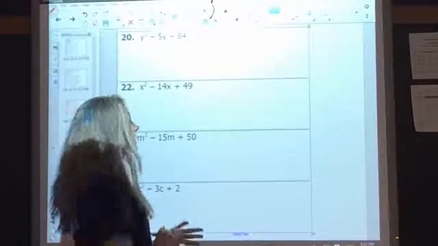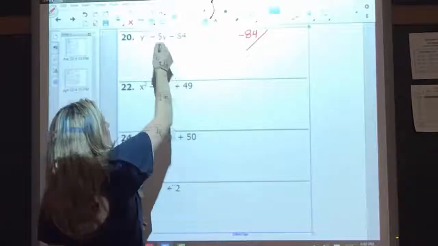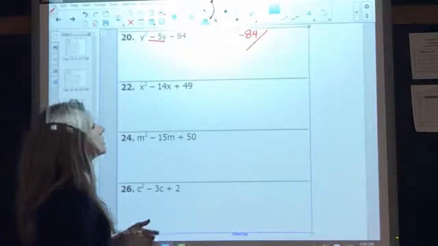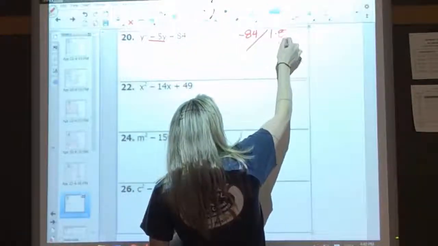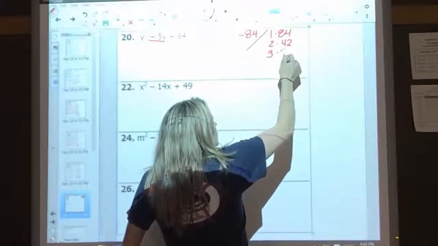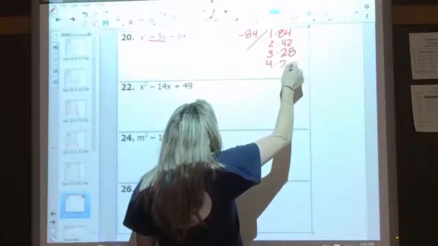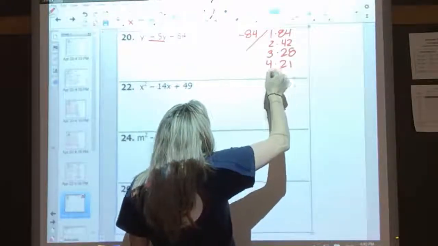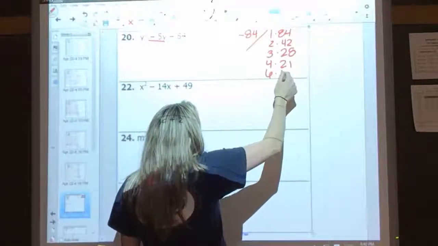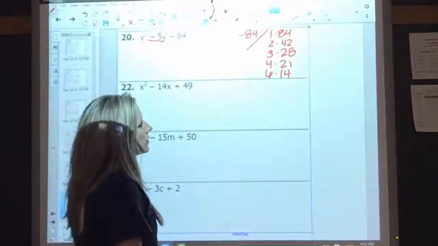All right, so on number 20, you want to find the factors of negative 84, and the two that'll add or subtract to give you a negative 5 would be, oh gosh, let's see, you would have 1 and 84, 2 and 42, 3 and 28, 4 and 21, 6 and 14, and what else?